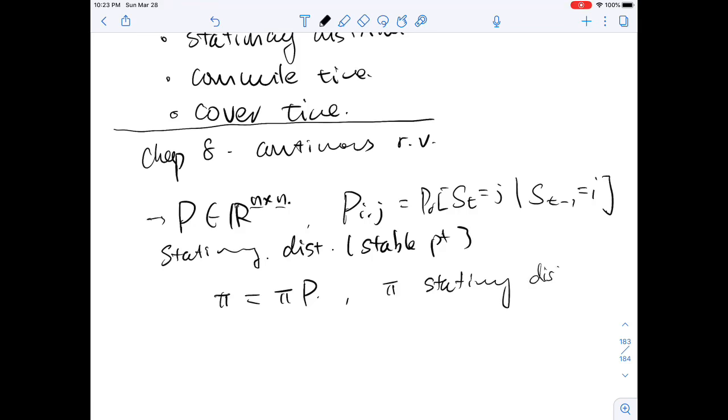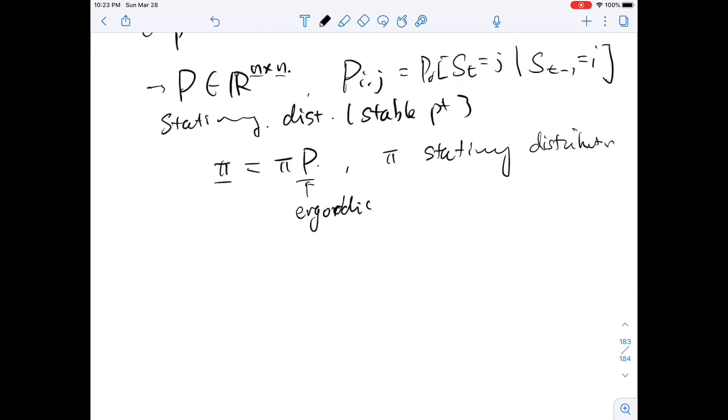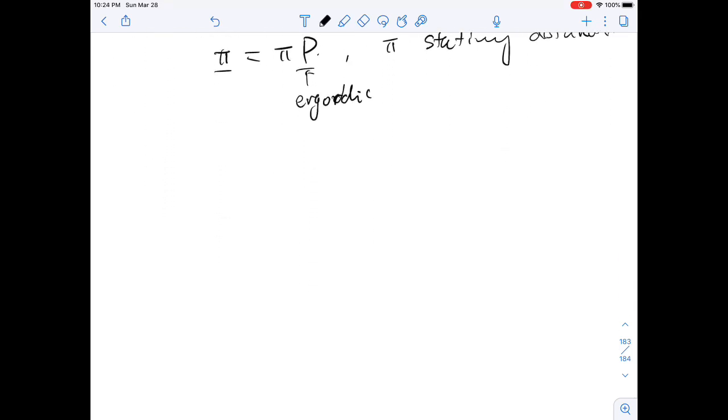Last lecture said that if P behaves well, for instance is ergodic and aperiodic, then there exists one unique stationary distribution. Today we are going to talk about one more property associated with the stationary distribution, and then move forward.